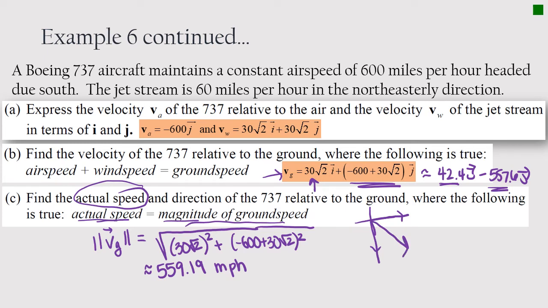Again, we've learned to figure out what these angles are. We can figure out this angle by doing the tan inverse, so we know the tangent of theta equals the y value divided by the x value.